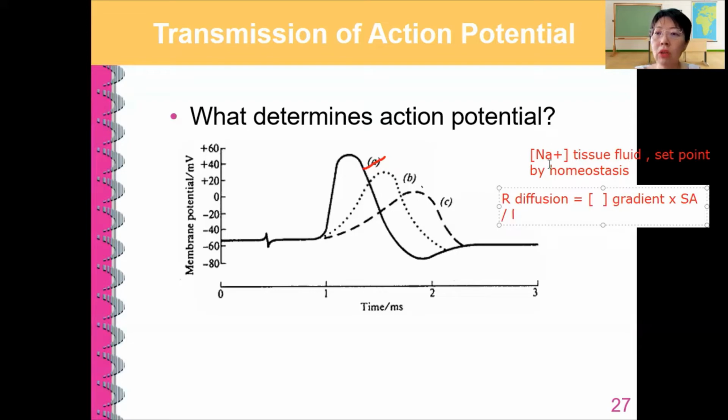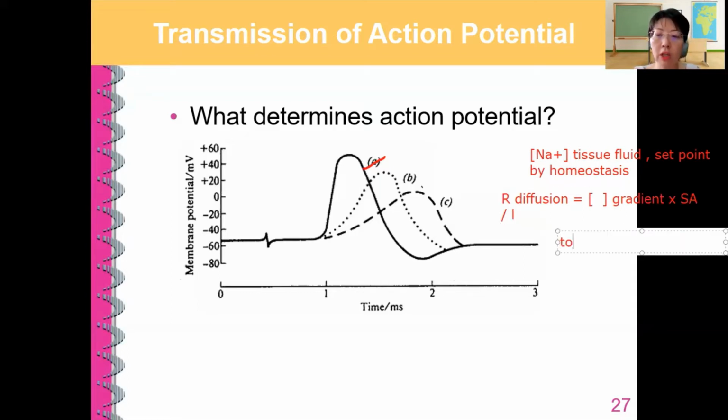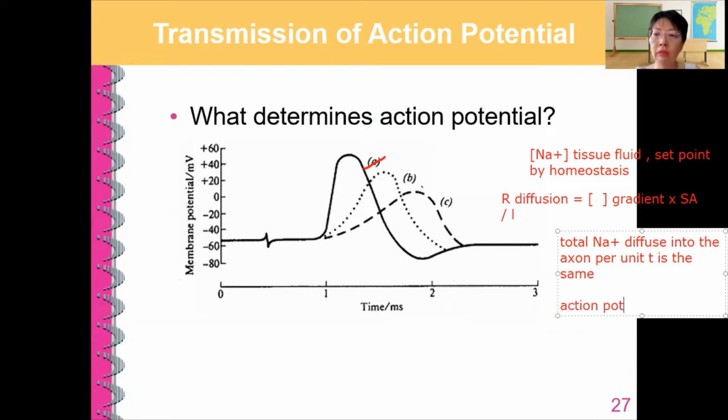Because the concentration of sodium ions in a tissue fluid is always maintained at a set point by homeostasis, the concentration gradient will always be the same. Therefore, the total sodium ions that can diffuse into the axon per unit time, because it's a rate, rate means per unit time, will be the same. So therefore, the action potential is always the same at positive 30 millivolts.